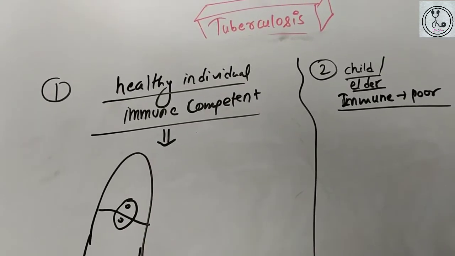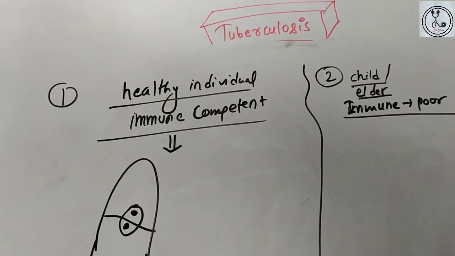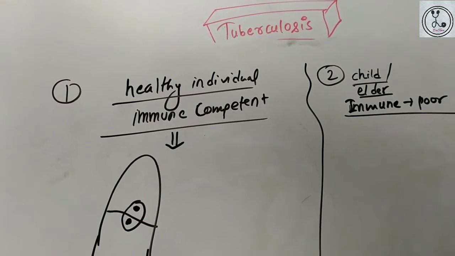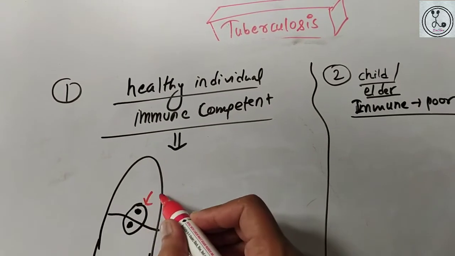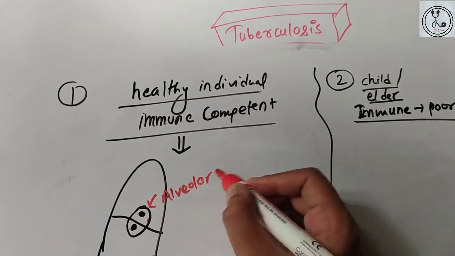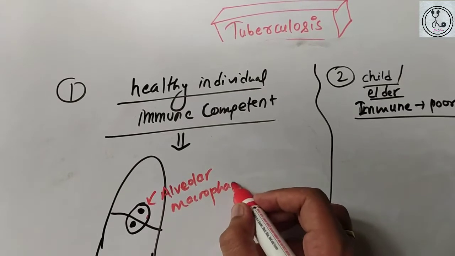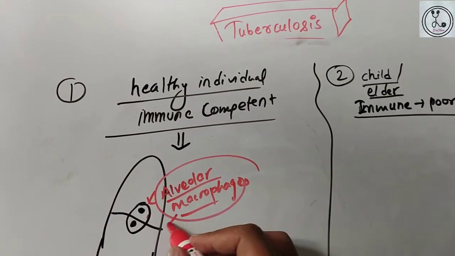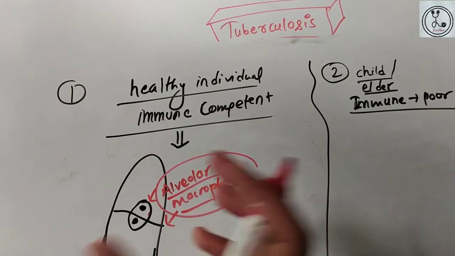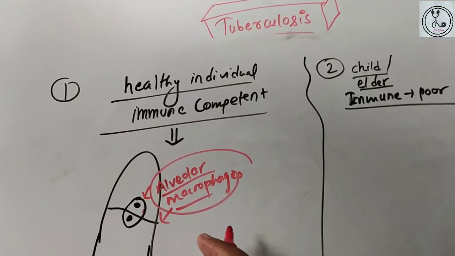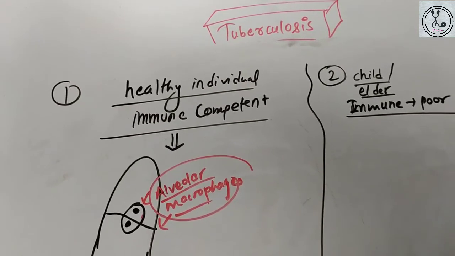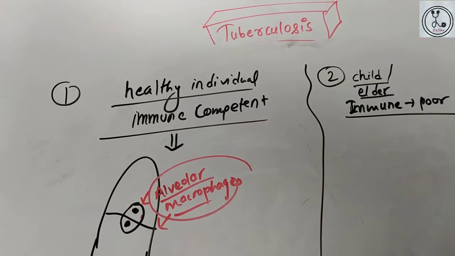Whenever the bacteria land here, the first thing that will come to counter attack them will be the macrophages present in the alveoli. So the first thing that will come here to attack these bacteria will be the alveolar macrophages, and the alveolar macrophages want to attack the bacteria, but the bacteria do certain endosomal manipulation and certain other things that prevent phagocytosis and prevent them from being killed.